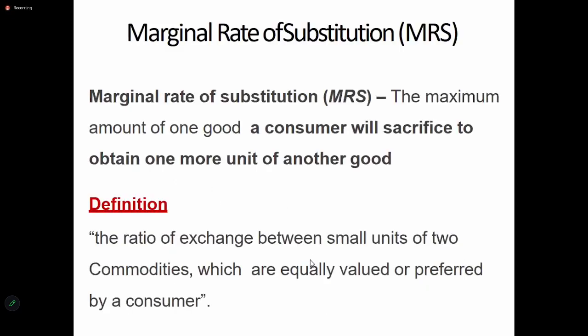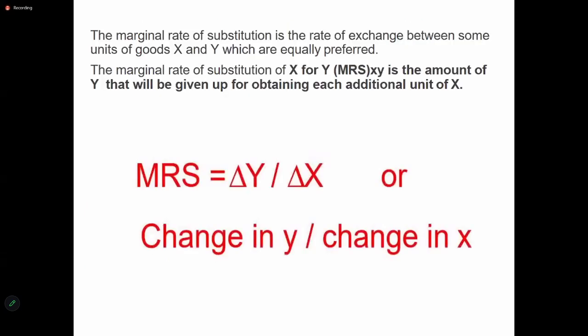Now we will see briefly the marginal rate of substitution. The marginal rate of substitution is the maximum amount of one good a consumer will sacrifice to obtain one more unit of another good. I think you remember these small calculations we have done: change in y over change in x.